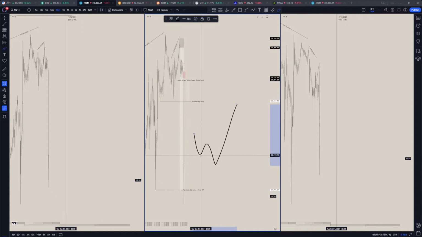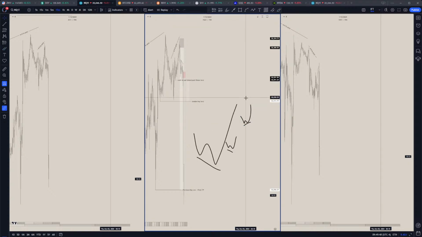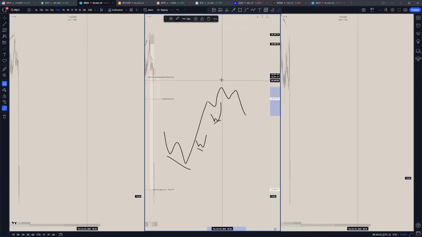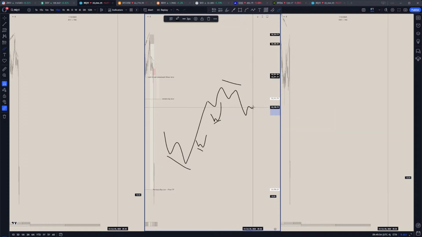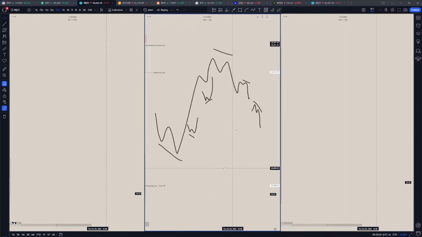So let's say 4-hour SMT here. Well, you need to look for lower time frame SMTs as you push higher, right? Until you get another 4-hour SMT on the high, and then you would need to look for lower time frame SMTs again to push price lower, right? That's literally how the market works.